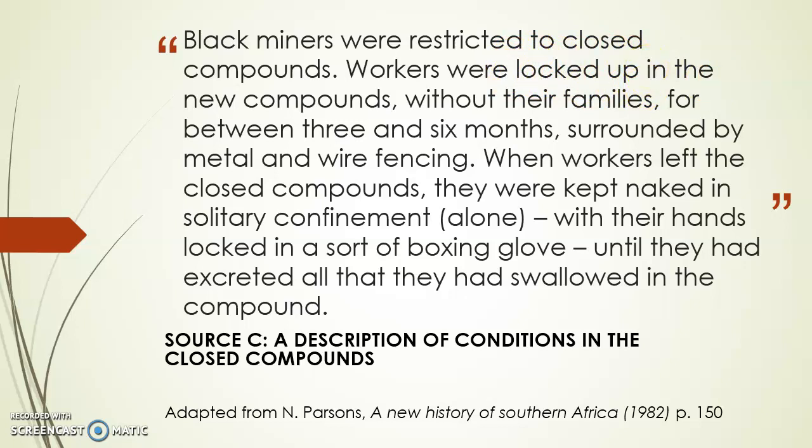It's bad to be locked up. You could have also said that the workers were kept naked in solitary confinement. That is also a very negative thing. You can say that they were restricted to the closed compounds, also very negative. So just keep in mind that these are just suggestions. You can use any word or phrase that points to this author's negative opinion of the closed compounds.